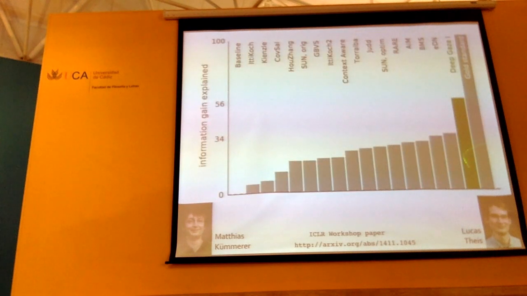And if you do that, you get a performance of 56%. And at that time, when we did that, we already knew that there are new neural networks coming out from the ImageNet benchmark. And that's why we called it DeepGaze 1, because we thought, okay, if there are better models coming from the benchmark, then maybe that knowledge also transfers to our problem here.